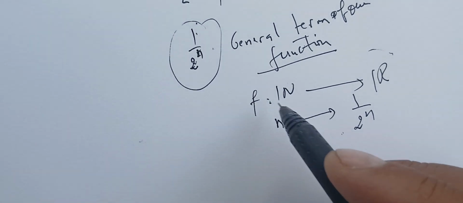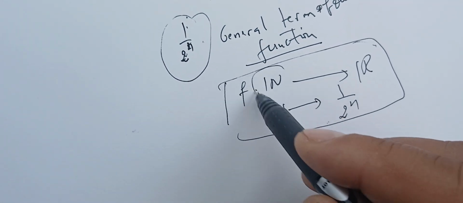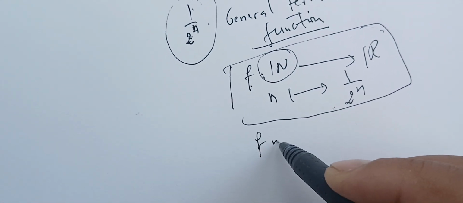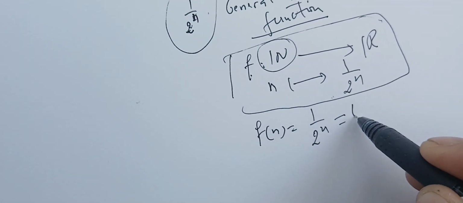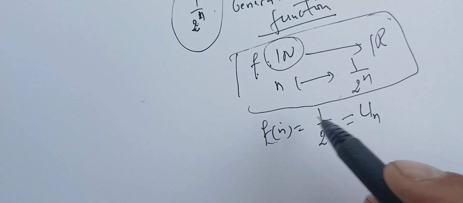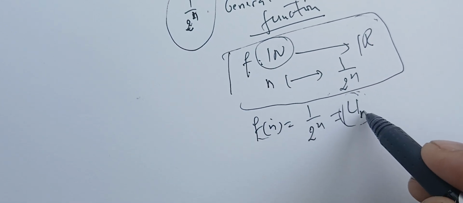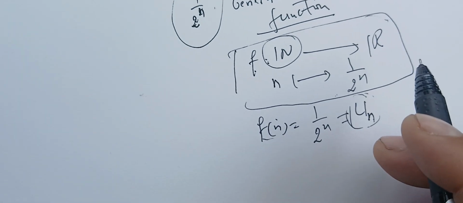Okay, we have a sequence. Why? Because the domain here is the set of natural numbers, and this f of n equals 1/2 to the power n is denoted by u sub n. For sequences we use a letter indexed with n or m, most of the time n.